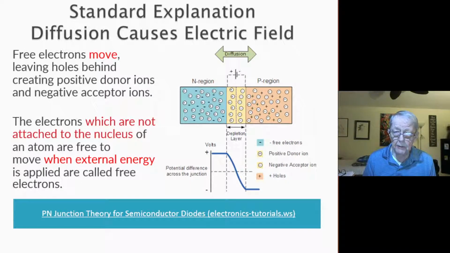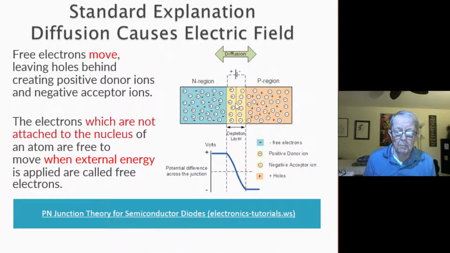My assumption is that the extra free electron is orbiting, but here it says it's not attached to it. So they're just hanging in space, wondering what to do. I don't think that statement's right, but that's what it says. The electrons, which are not attached to the nucleus of the atom, are free to move when external energy is applied, and these are called free electrons.